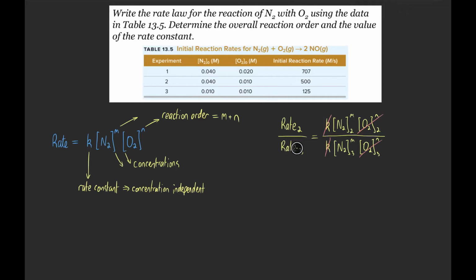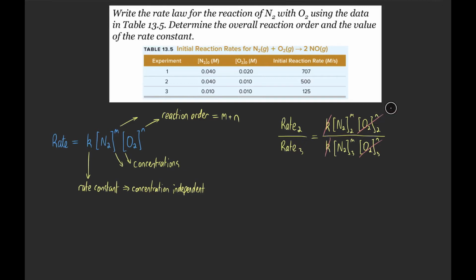So now we have an expression where we're taking the ratio of two rates, both of which we have the numerical values for, and we're taking the ratio of two concentrations. Again, we have the values of those concentrations. So the only unknown is this M, which our concentrations are raised to the power of.